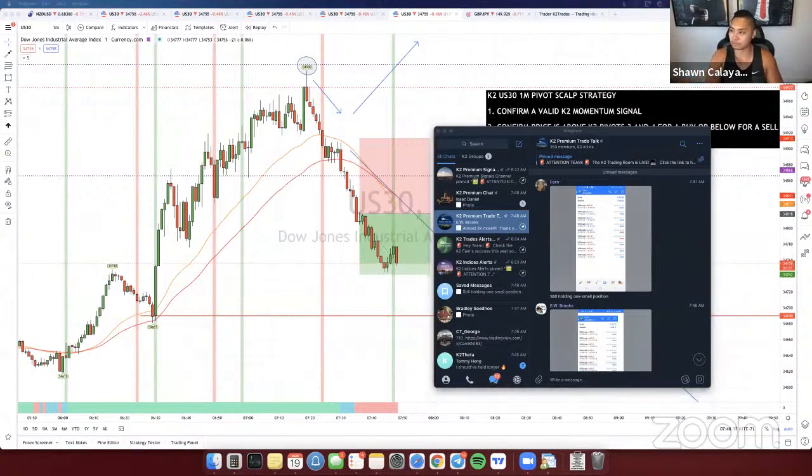I wonder if my other account is, because I can't remember if I'm using a fixed lot. If I'm using a fixed lot, then on my other FTMO it's going to be up super heavy right now, because it should be up about 6,000. But let's see. It didn't update.